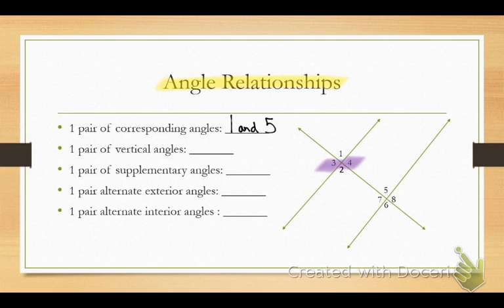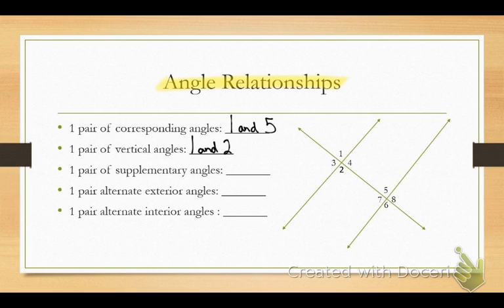Okay. Which angle is vertical to 1? 2. Because it's opposite. Guys, you can pick any pair you want. There are 4 pairs to choose from. I'm just going to say 1 and 2. So if angle 1 was 92 degrees, what would angle 2 be? 92 degrees. Vertical angles are congruent in measure.